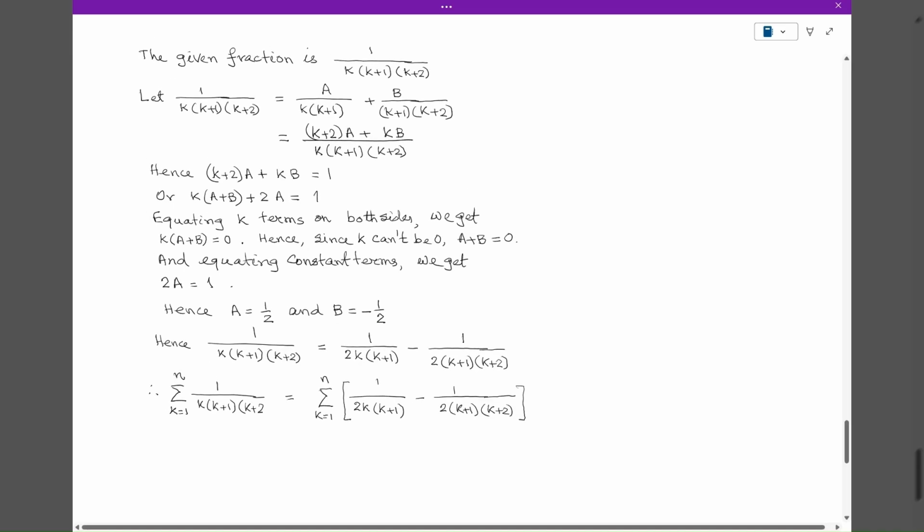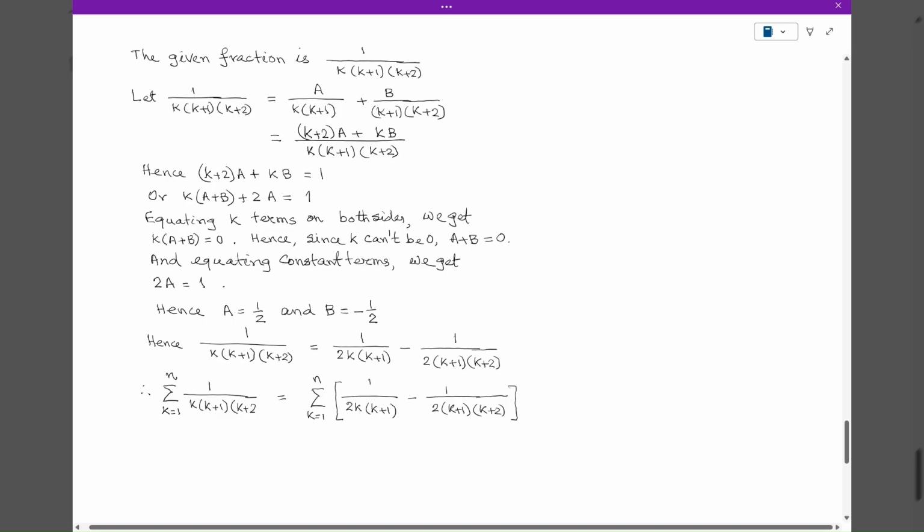Now putting these values in this equation, we get 1 divided by k multiplied by k plus 1 multiplied by k plus 2 is equal to 1 divided by 2k multiplied by k plus 1 minus 1 divided by 2 multiplied by k plus 1 multiplied by k plus 2.